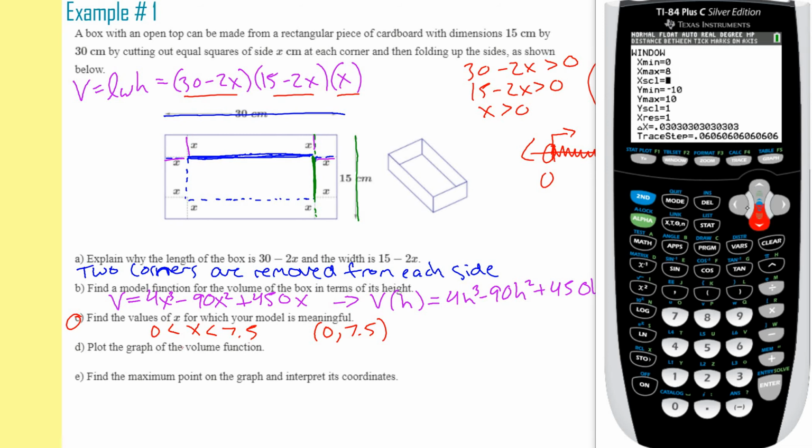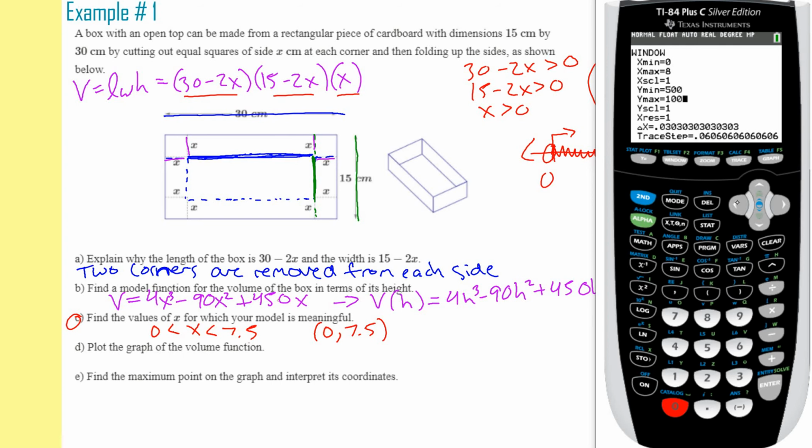And then I'm going to do my minimum and maximum for y. Here you really just have to play with it. I can already tell, though, when I plug in 1, I'm going to get a pretty large number. So let's try 500, and let's scale it by 100 so I don't see a whole bunch of tick marks.